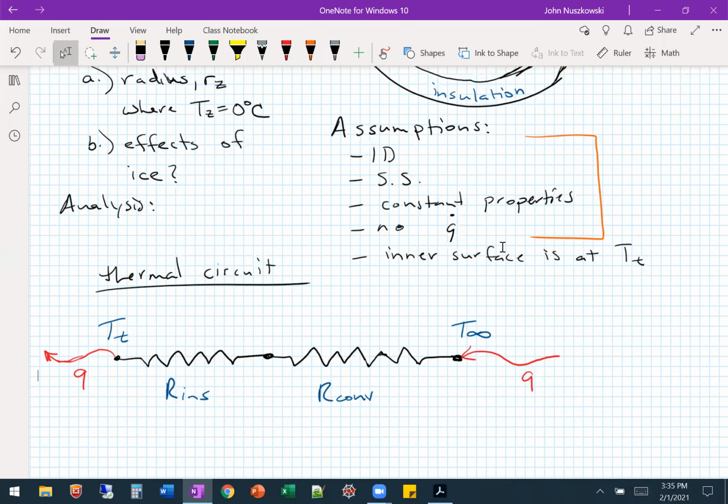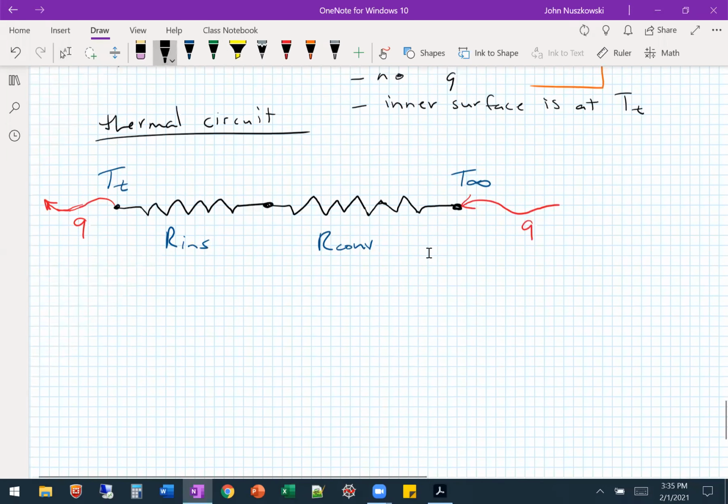Write out an equation for Q. For Q, okay. So Q, you said left to right, so that's T infinity minus T tank, and then the resistance across it, which is our insulation plus our convection.